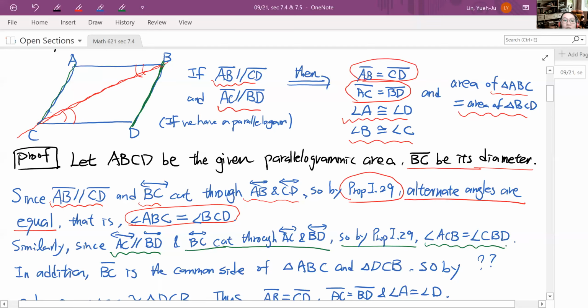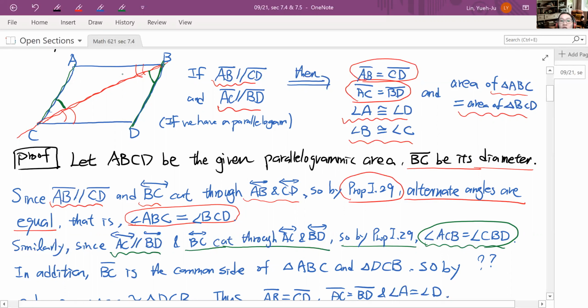But this time our alternate angles are ACB and CBD. So again, we have another pair of alternate angles which are equal, by the same proposition. Now you can see from the picture we have 2 pairs of angles that are equal: the red ones are equal, and the green ones are also equal.